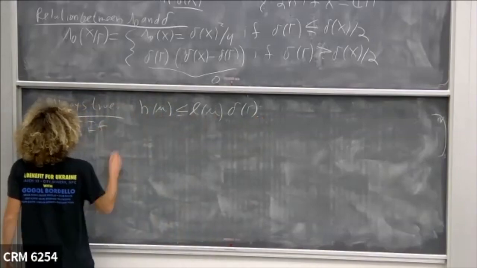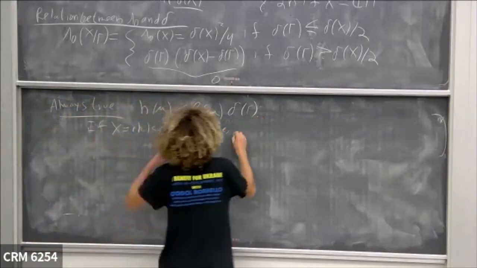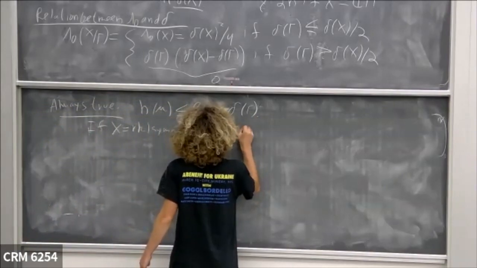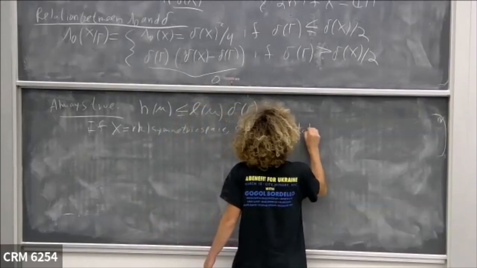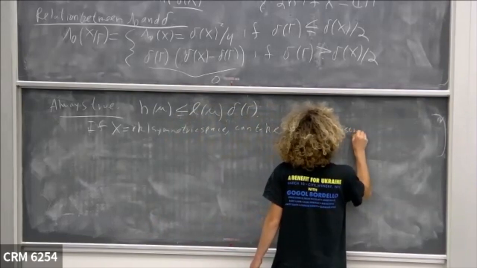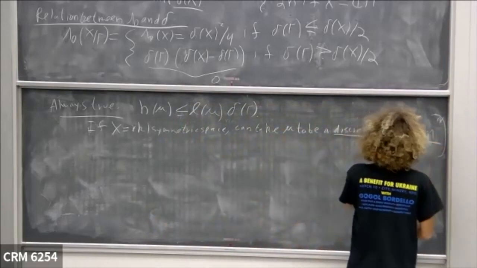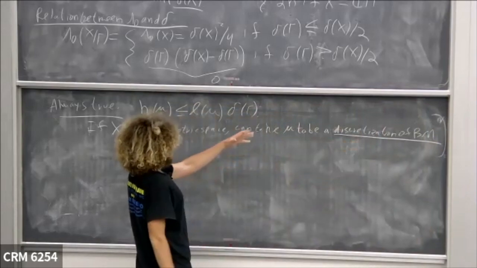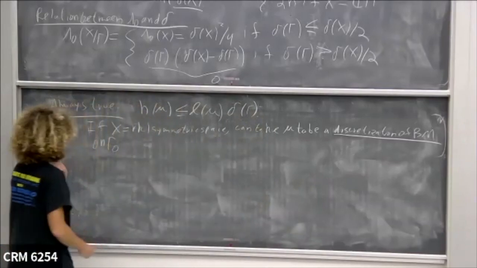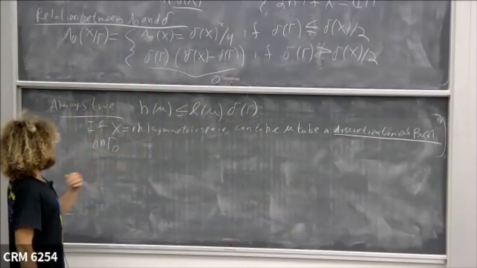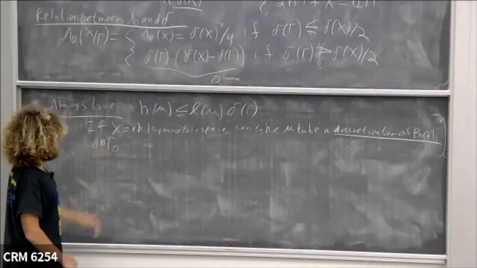If X is a rank one symmetric space, you can take mu to be a discretization of Brownian motion, some diffusion process in continuous time associated to the Laplace-Beltrami operator, restricted to some discrete subset gamma zero.